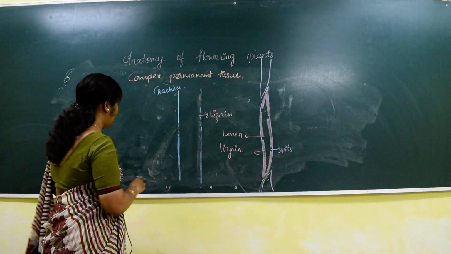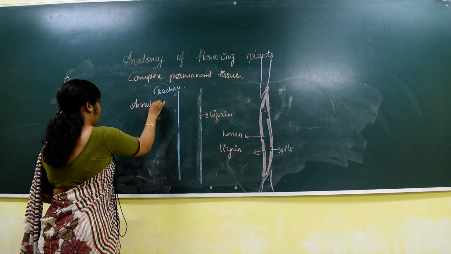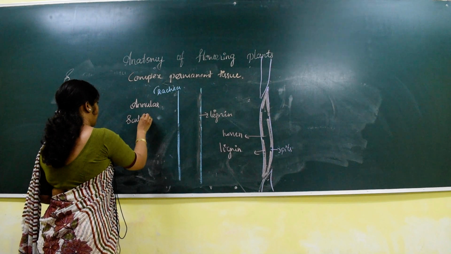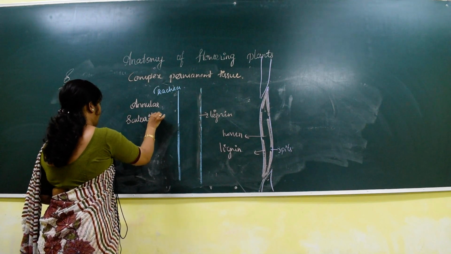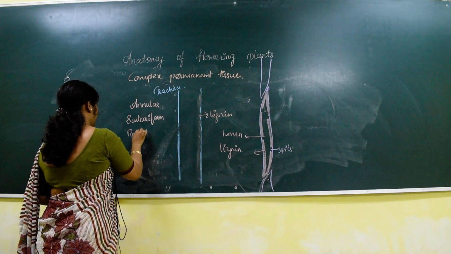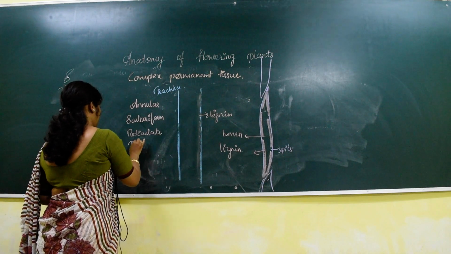What are the 5 types? One is annular, scalariform, reticulate, pitted.